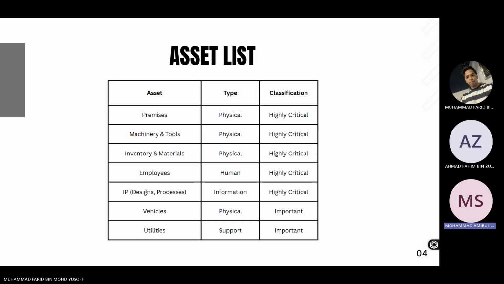The types: premises is physical, machinery and tools also physical, inventory and material also physical, employee is human, IP design process is information, vehicle is physical, and utility is support. The classification for the asset list is highly critical and most important. So that is for me, I pass to the next presenter.